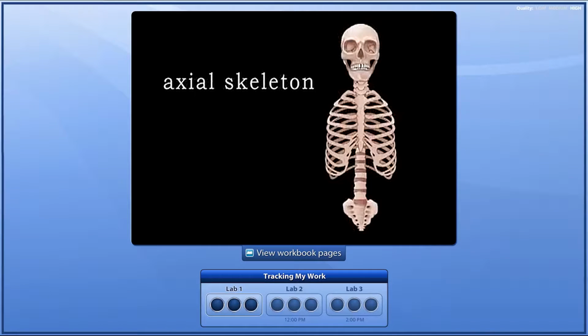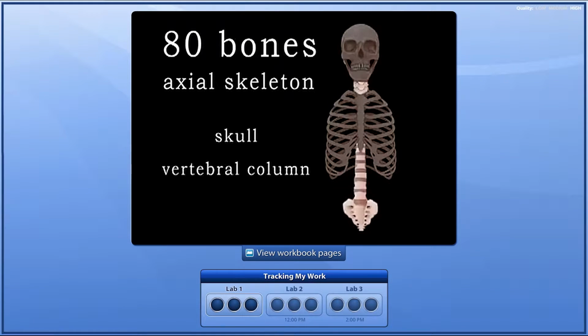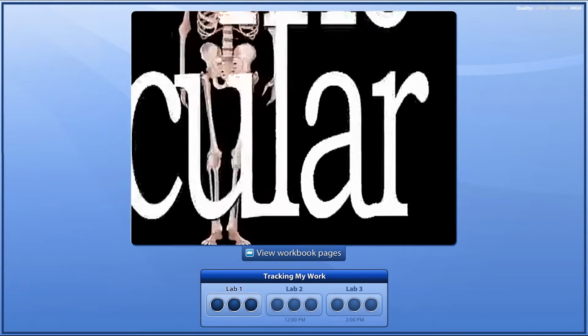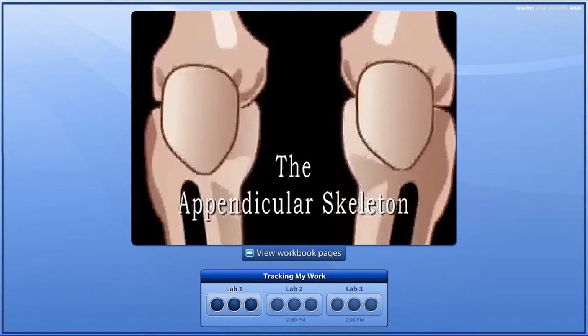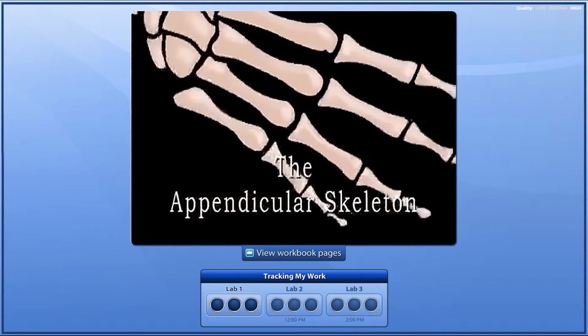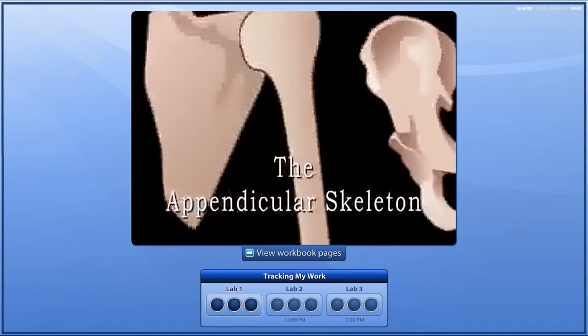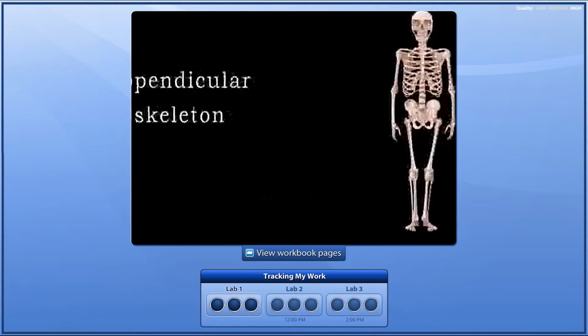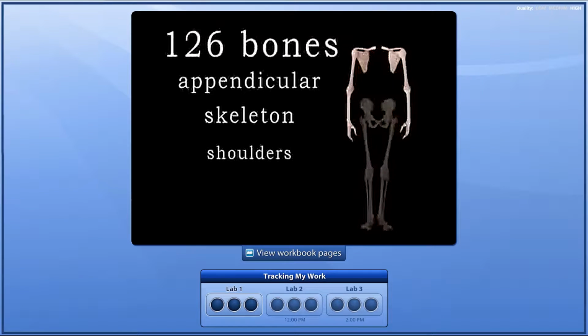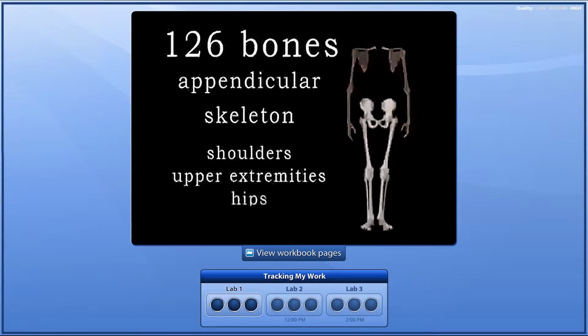The axial skeleton includes 80 bones comprising the skull, vertebral column, and thorax. The appendicular skeleton consists of the bones of the shoulders, upper extremities, hips, and lower extremities.